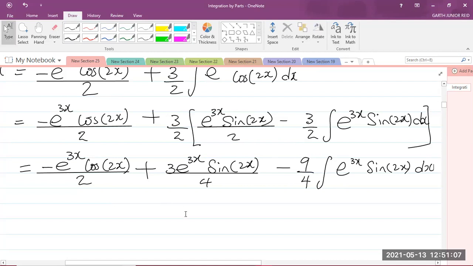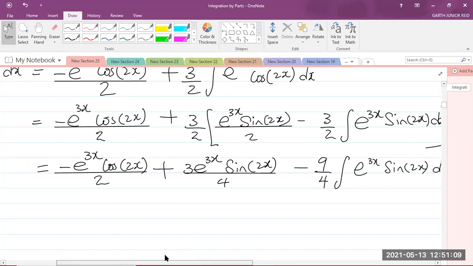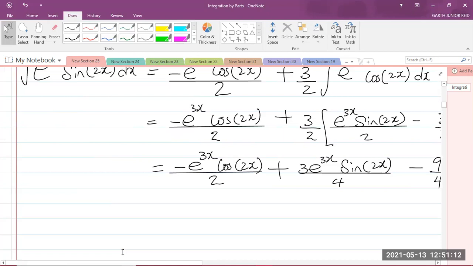Good. Now remember, on the left-hand side of the equation, we have the integral of e to the 3x multiplied by the sine of 2x dx.